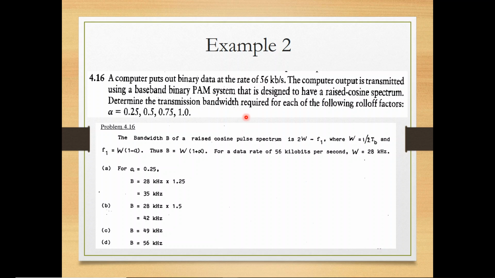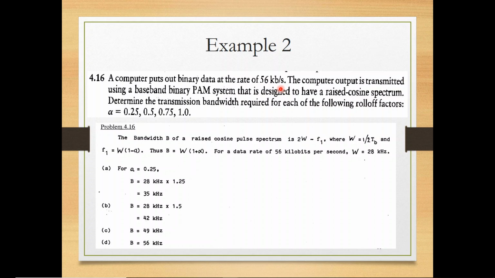Determine the transmission bandwidth required for each of the following roll-off factors. So for the transmission bandwidth, you go to the rule equal to W multiplied by 1 plus alpha. Now W is equal to RS over 2. The question gives me RB, the data rate.